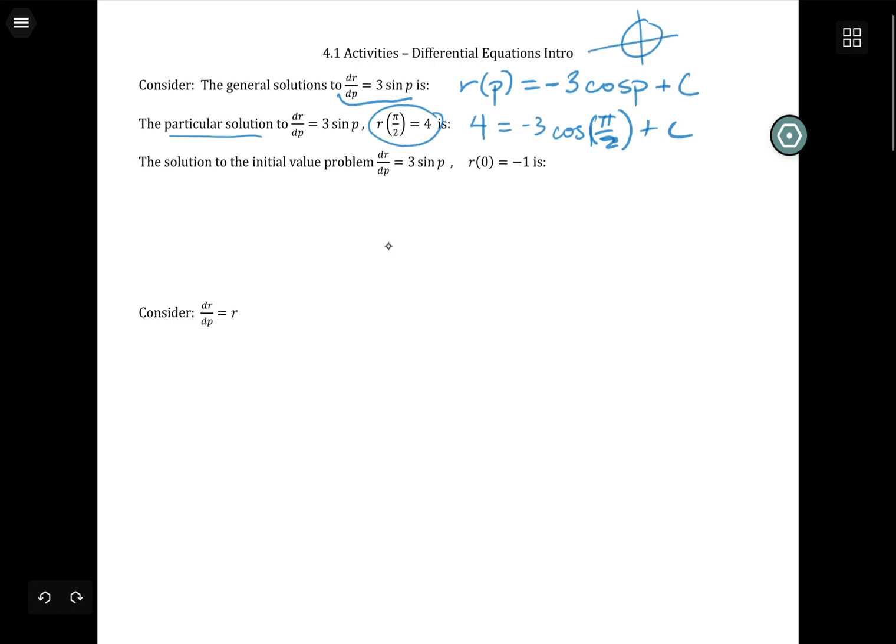Cosine of pi over 2 is 0, so this is all going to be 0, which means that the value of c is 4. So the solution to this differential equation will be r of p is equal to -3 cos p plus 4.